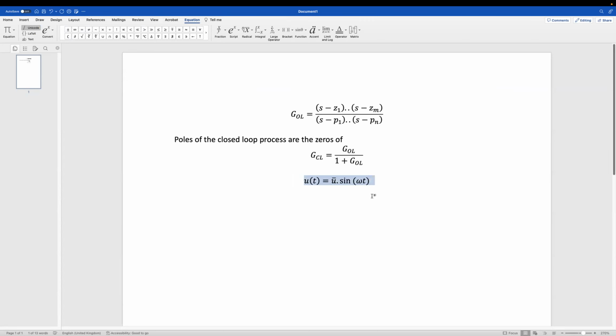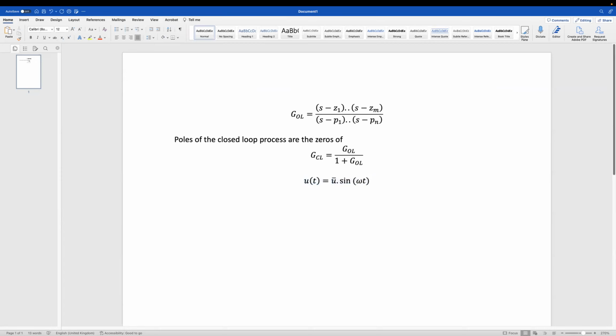So that's what we are applying at the input. We have a certain amplitude u bar, and we have a frequency omega. And this that we apply at the input side, and then at the exit, we will get a certain response, which we'll call y. And y will have its own amplitude, and it will have the same frequency, but there may be a shift. So we can say here plus phi.